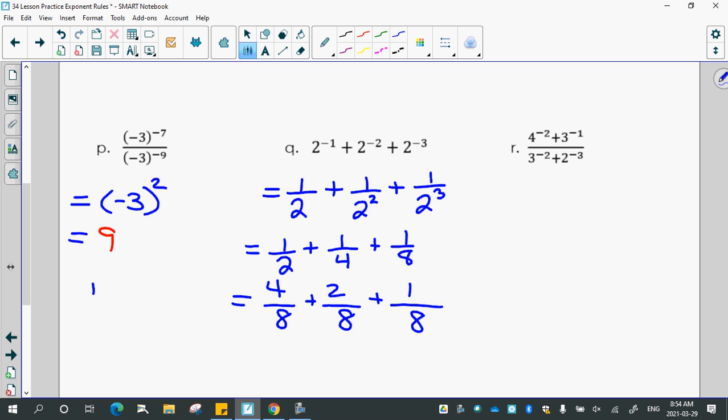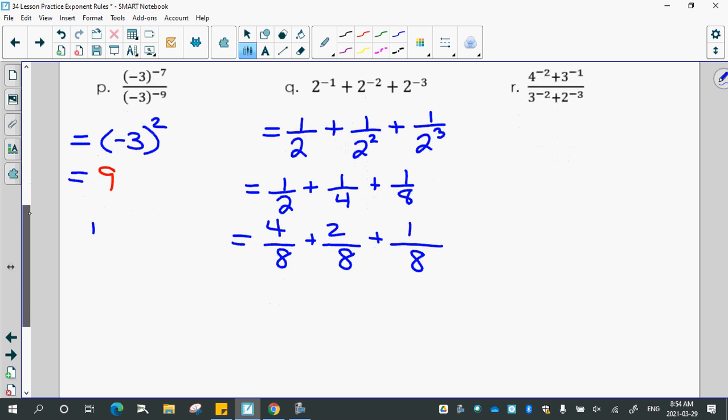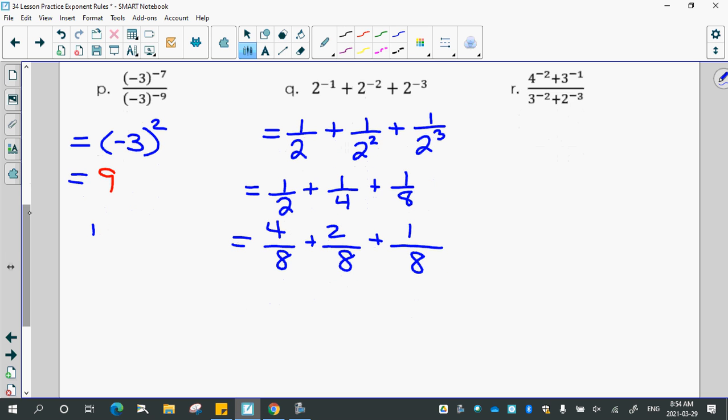And this one already had 8. So now that you have a common denominator, you can keep the denominator and add the numerators, so you end up getting 7/8. All right, so really the only exponent rule we used was the negative exponent rule. Everything else was just simplifying by adding fractions.